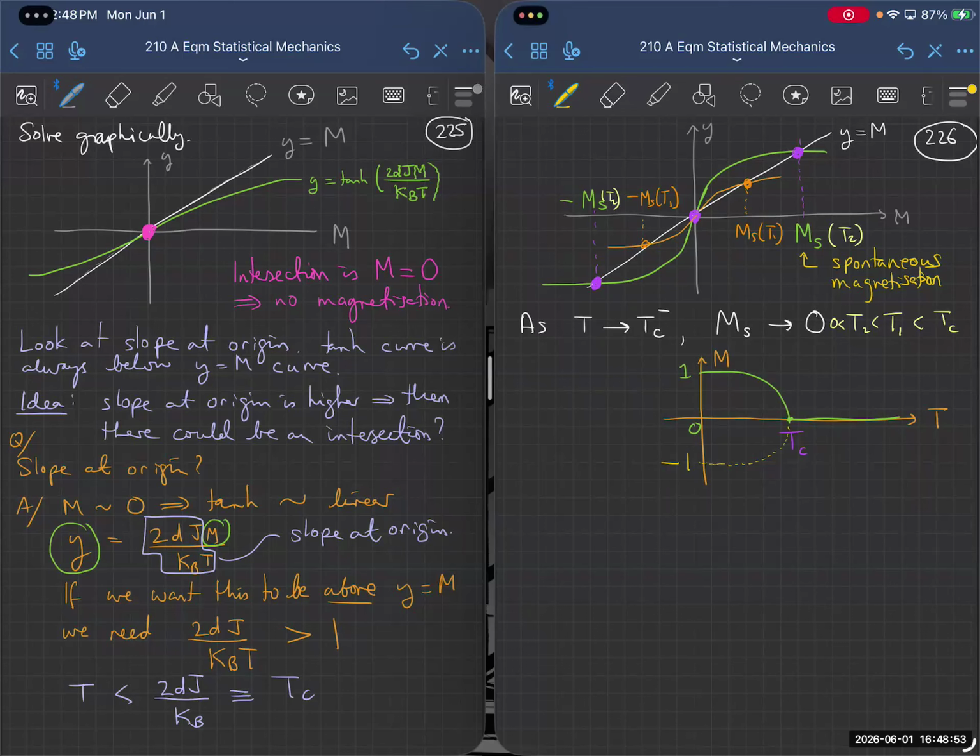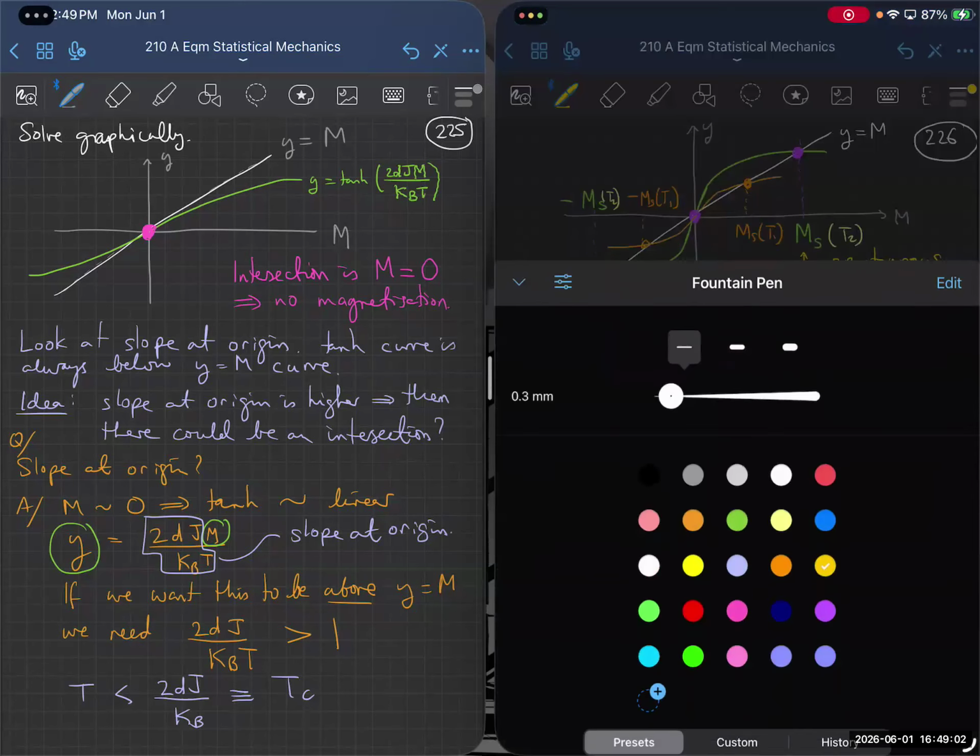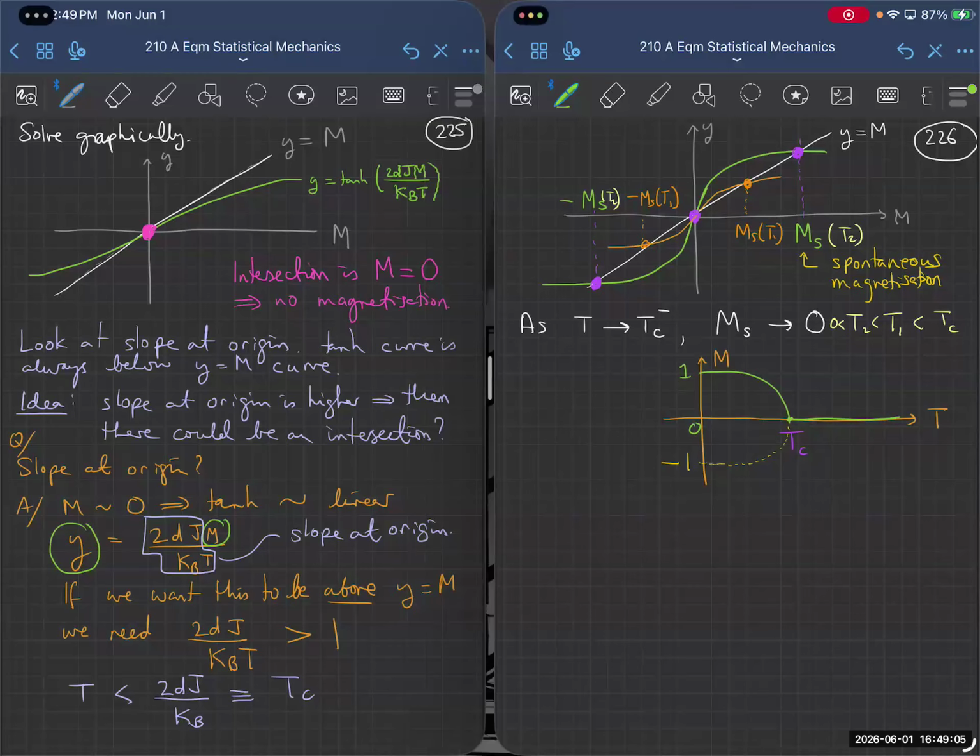So in bifurcation theory, this would be called a supercritical bifurcation, and it's exactly a pitchfork, because if I were to draw this, the zero solution is always a solution, but the m equals 0 solution is unstable at t less than Tc, and it's stable at t greater than Tc, and then the other solutions don't even exist above Tc.